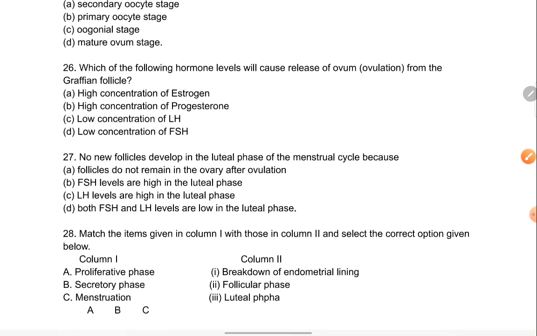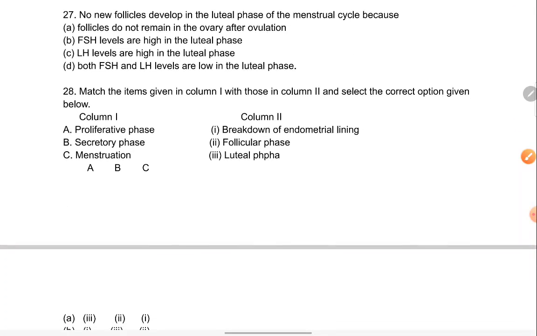Now question number 27. No new follicles develop in the luteal phase of the menstrual cycle because... Luteal phase, which phase is it? Luteal phase takes place after ovulation.